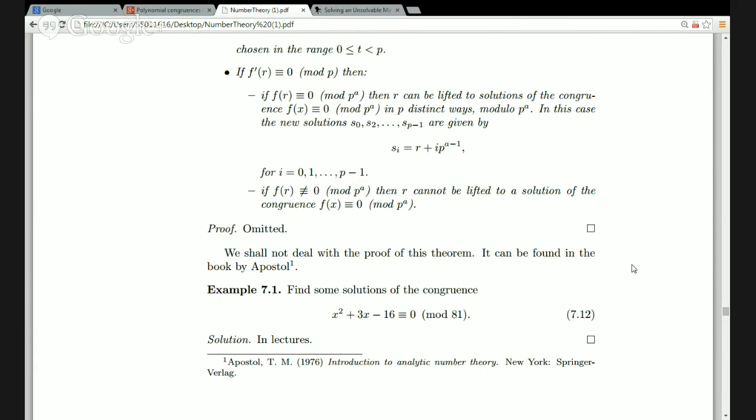So again, we're into the first bullet point. So the solution is going to lift uniquely.